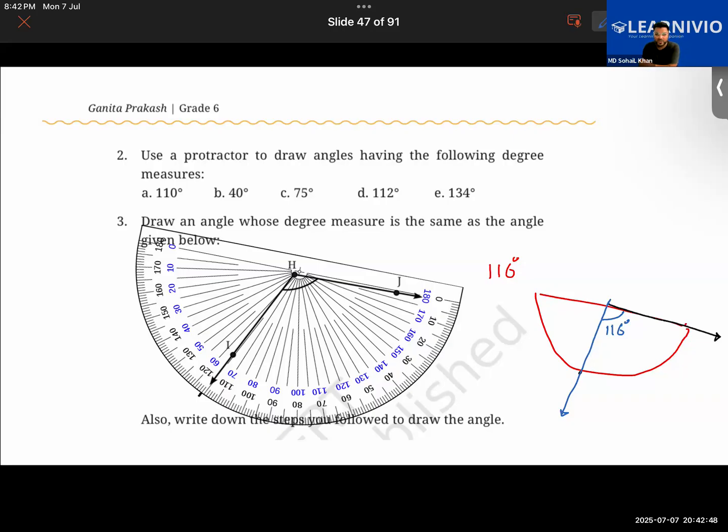Got it? How you have to draw it? Yes, sir. Okay. Look, since you must also have a protractor, you also make an angle of 116 degrees.